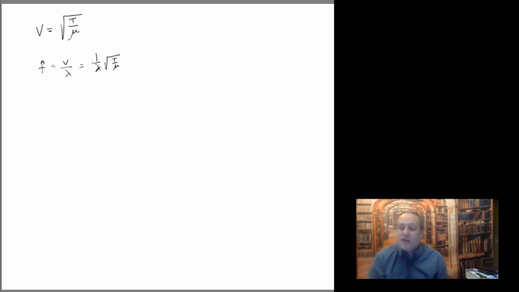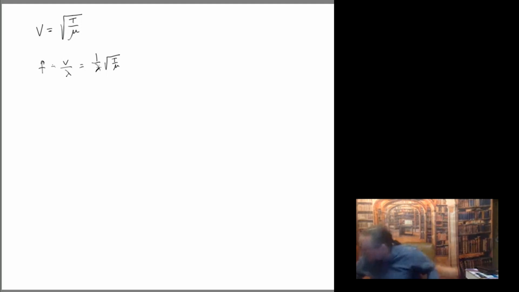So you can see then, the bigger the tension is, the higher the pitch, the higher the frequency is going to be. The lower the tension, the lower the pitch or frequency is going to be. The bigger the wavelength, the lower the frequency will be. And the bigger the mass density, the lower the frequency will be.